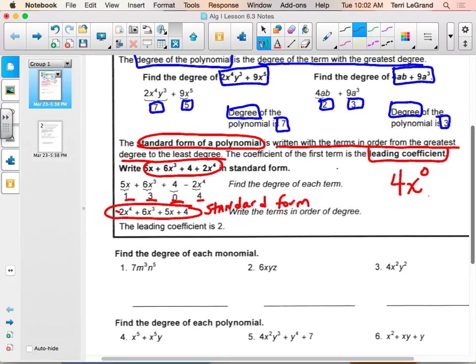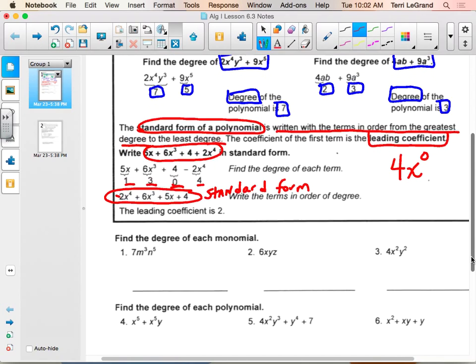Negative 2x to the 4th plus 6x cubed plus 5x plus 4 can be considered to be in standard form. They have to all be in their correct location. You can't have a couple of them mixed up and say, well, it was close. They need to all be in their correct location in their order of degree.